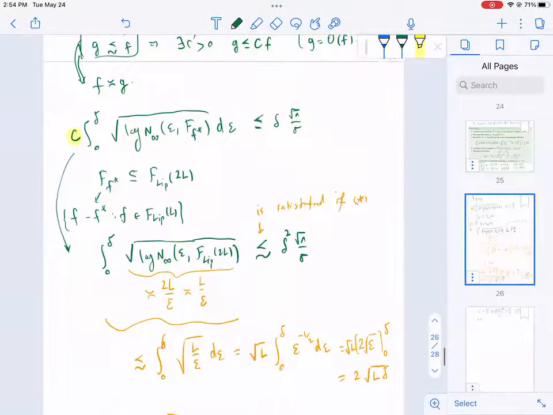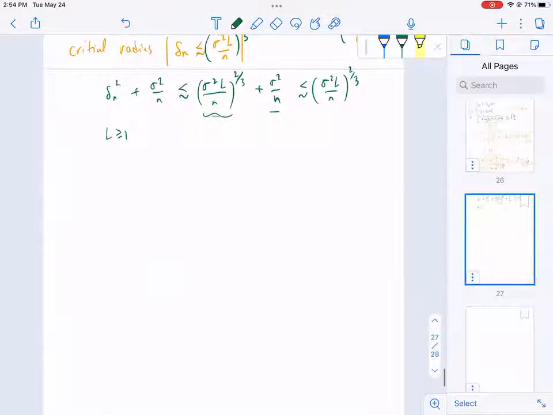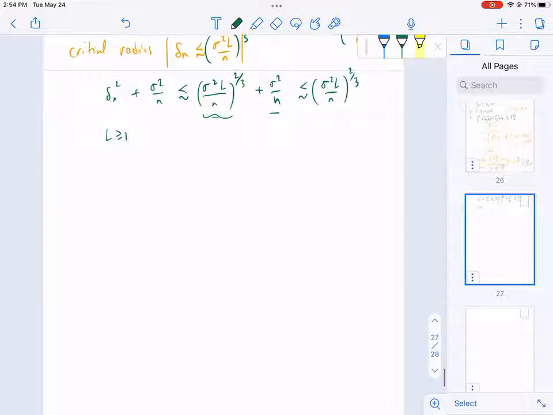All right, so let's try to do this. One of the issues is that I'm assuming L to be bigger than 1 here.